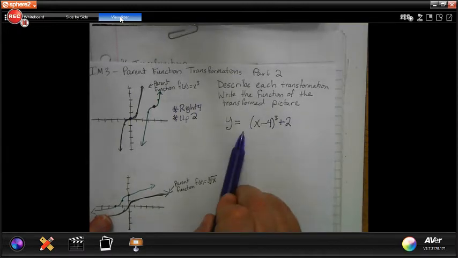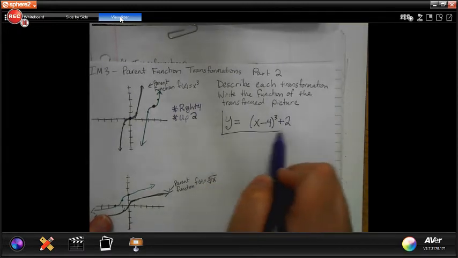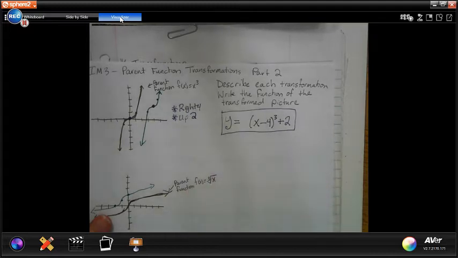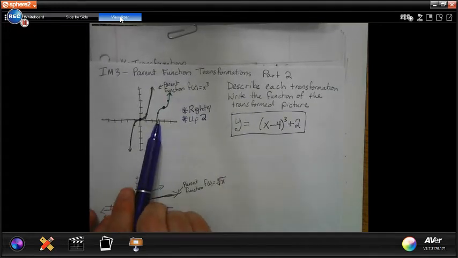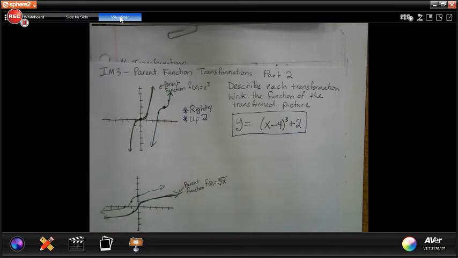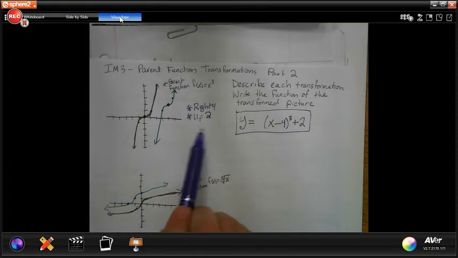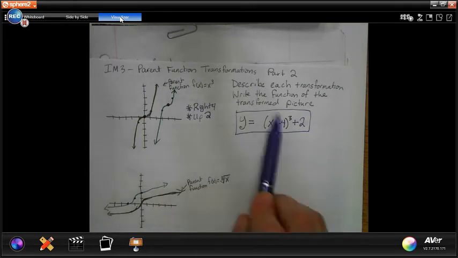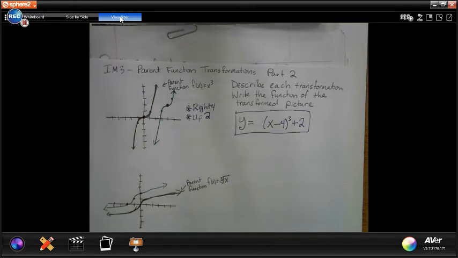No visible A, so we don't have to write anything there. This would be our official function for the child picture, the transformed picture. So we described what changed, and then we wrote the equation for the changes.